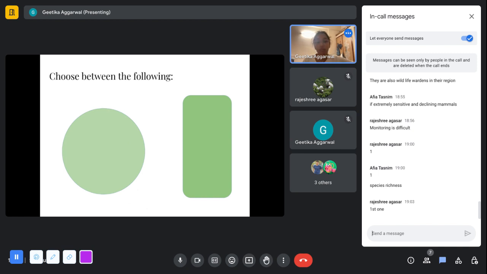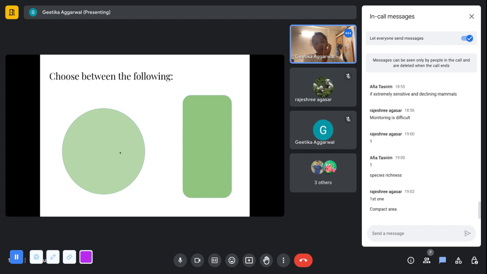Can you tell me the reason for this choice? You're correct. You should go for this one, but compact area in this or in this? Can you please elaborate?